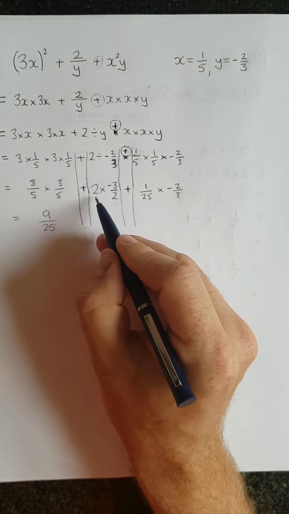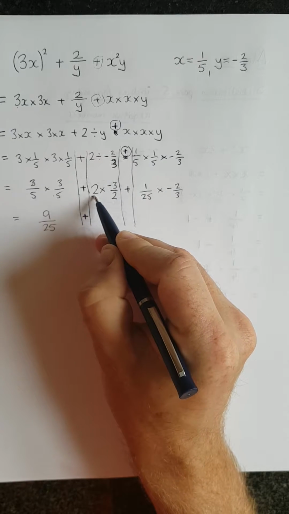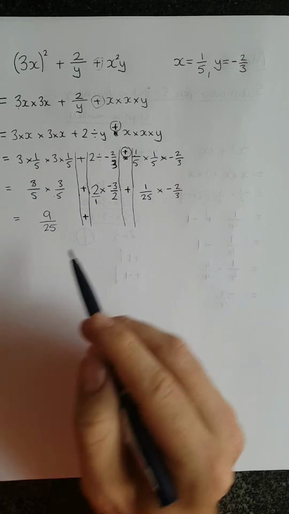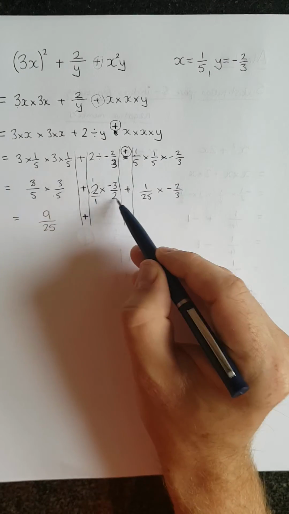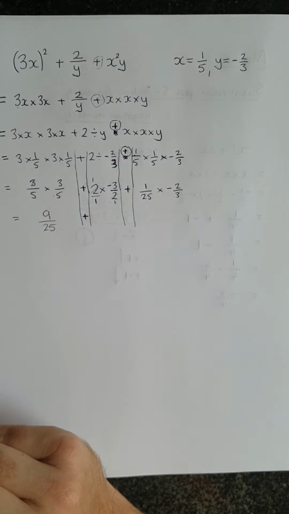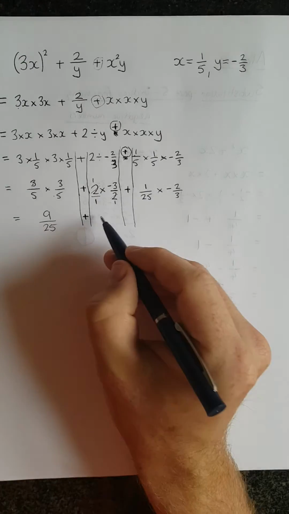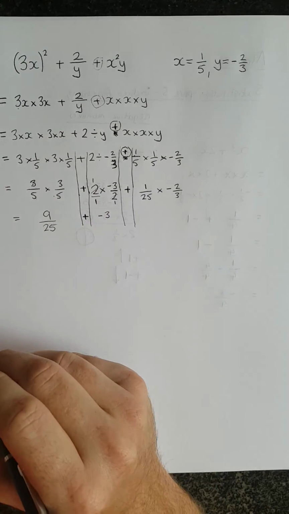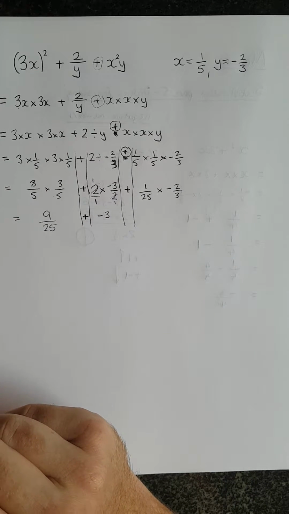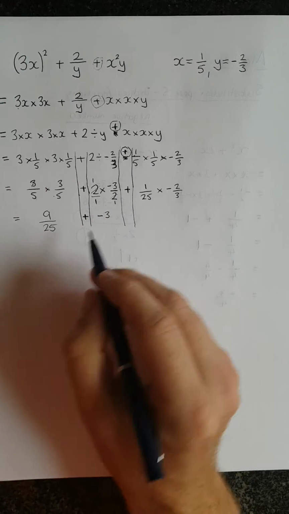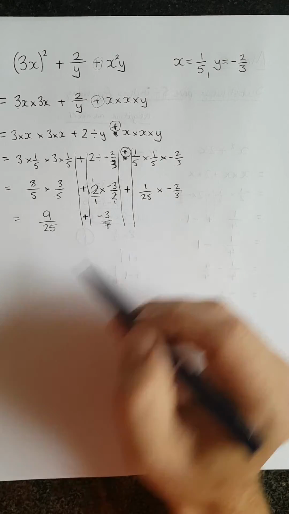Now, to make this multiplication easier, I'm going to write it as 2 over 1. I can see some cross-cancelling here, so I'm going to cross-cancel the 2's. So 1 times minus 3 is minus 3. 1 times 1 is 1, so I'm not going to write that, because over 1 doesn't mean anything, it just means whole ones.